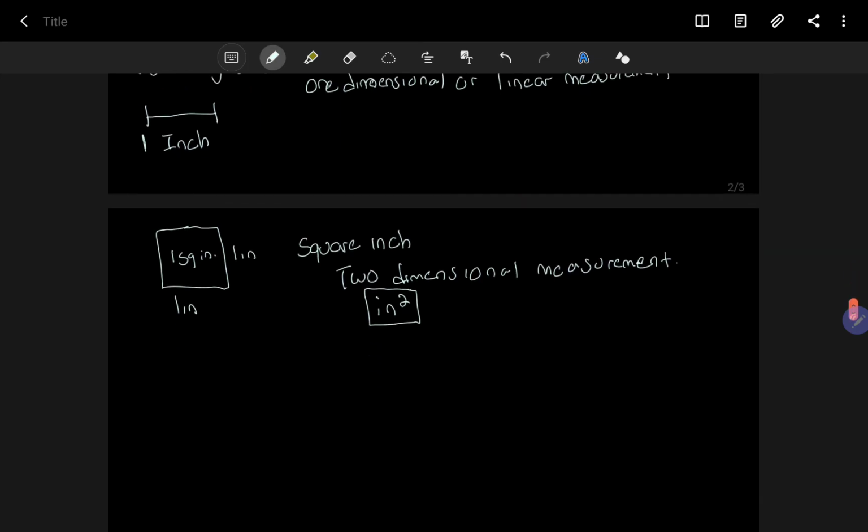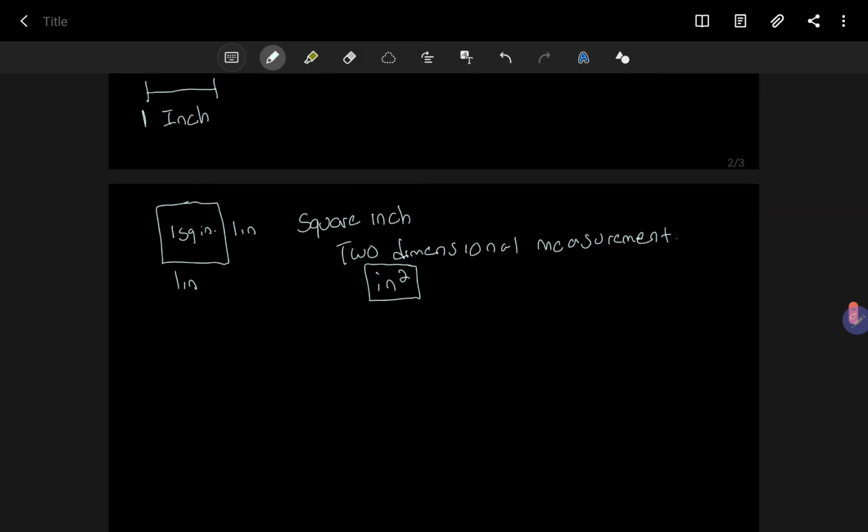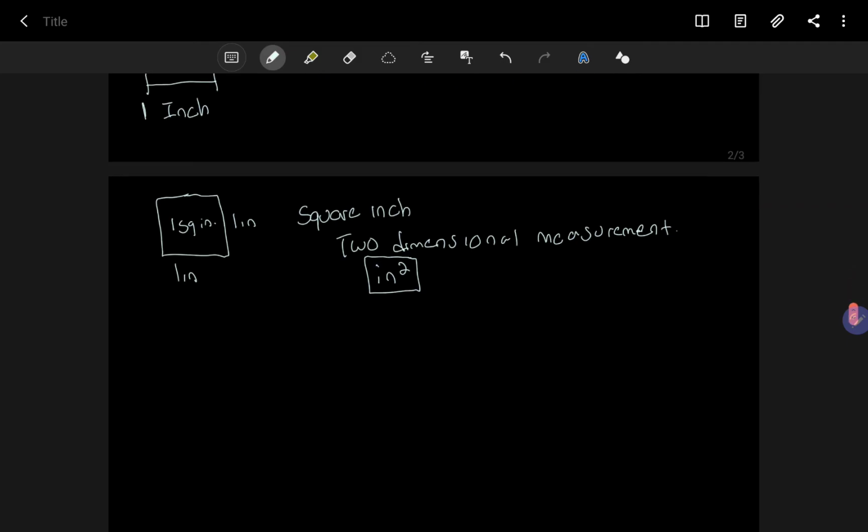Besides having a square, then we go into the third dimensional measurement. So in this case, we're looking at an actual cube, where everything is 1 inch.